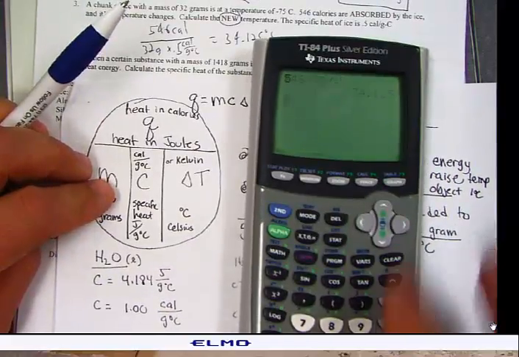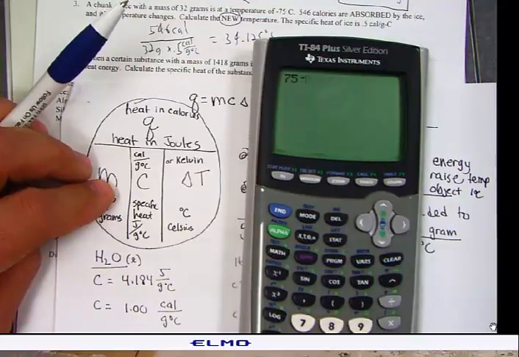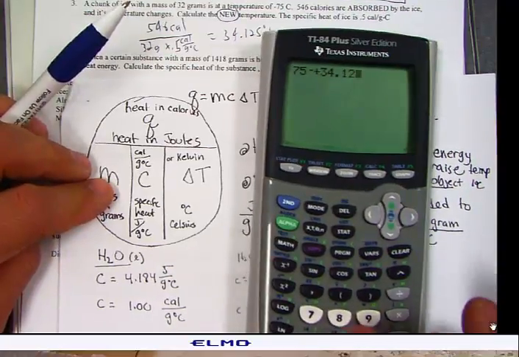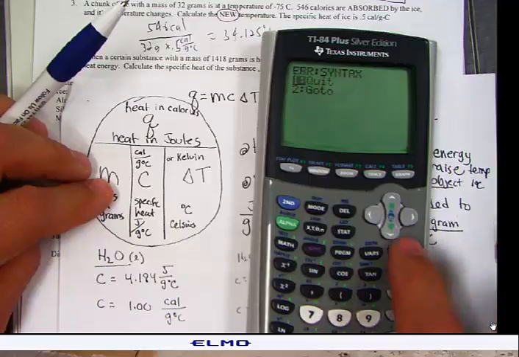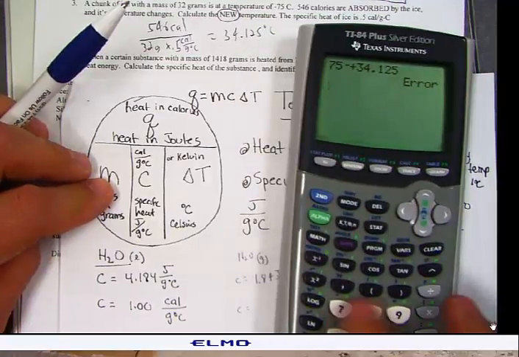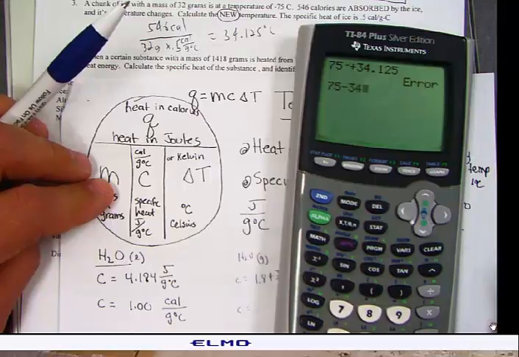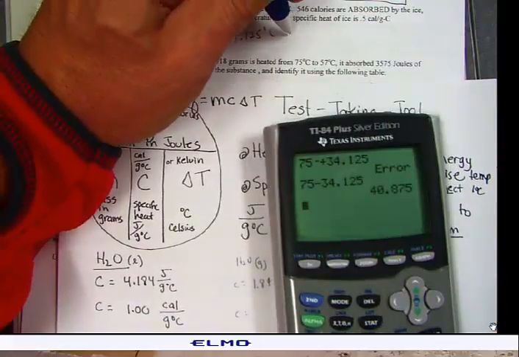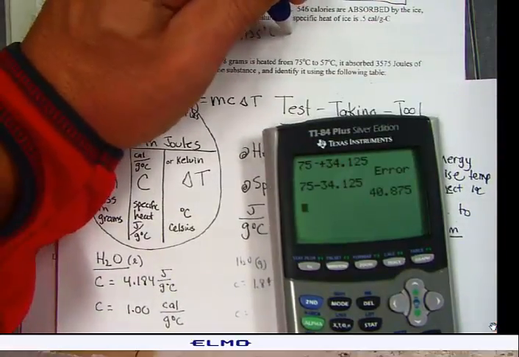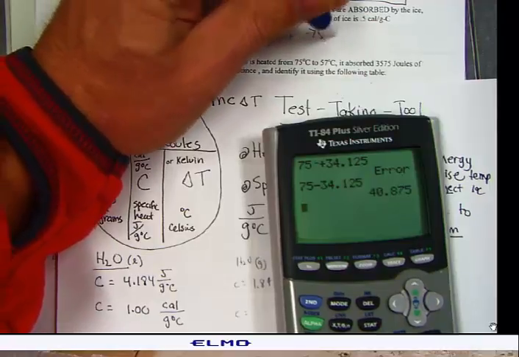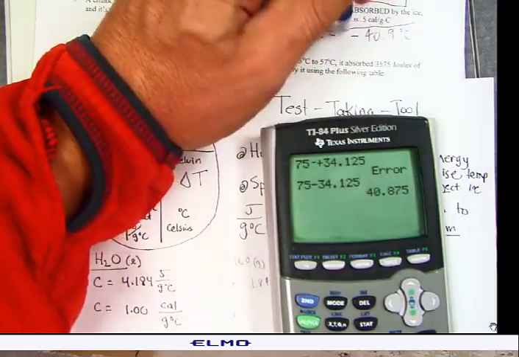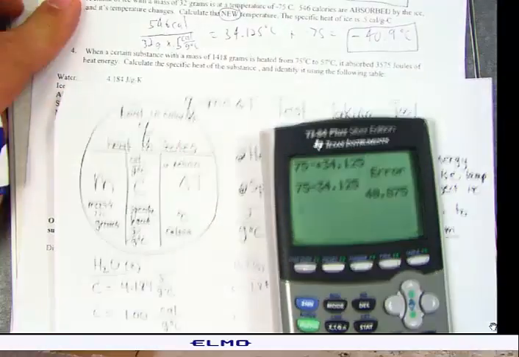If I did -75 and add 34.125 degrees, the difference between them, 75 minus 34.125, is going to be negative 40.875. Negative 40.9, I'll just round, degrees Celsius. That's my new temp because it warmed up.